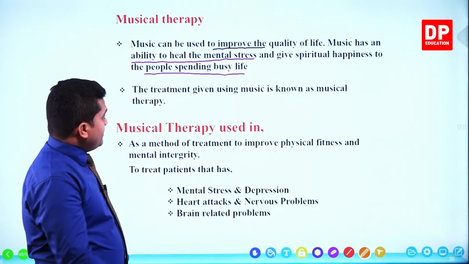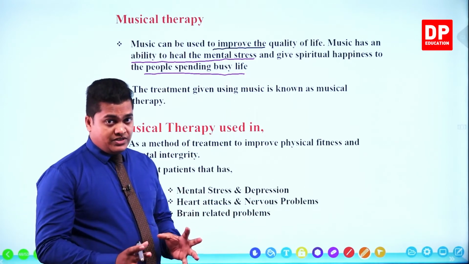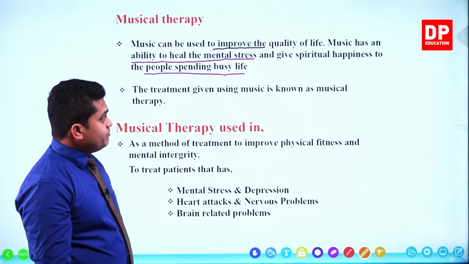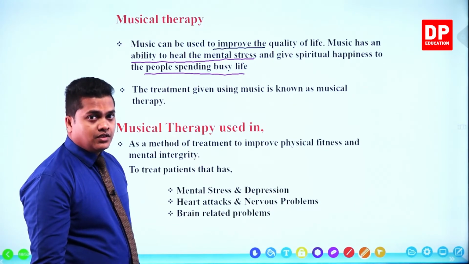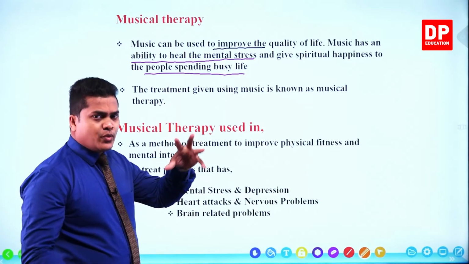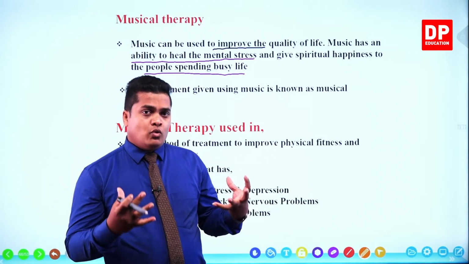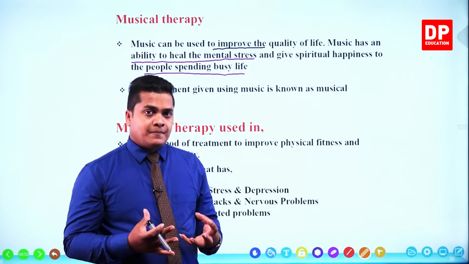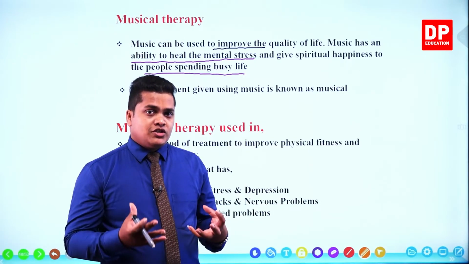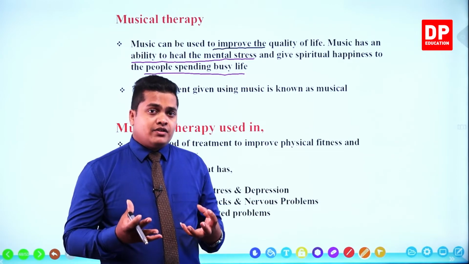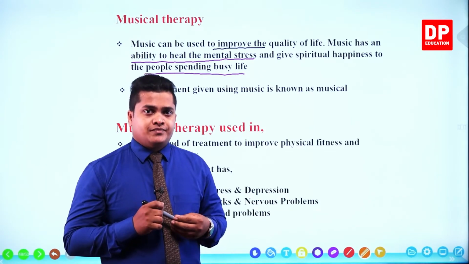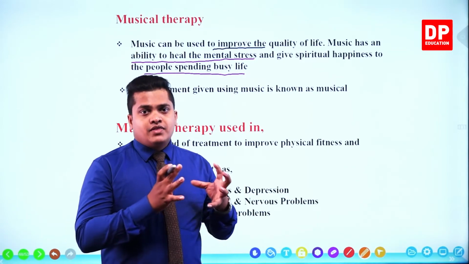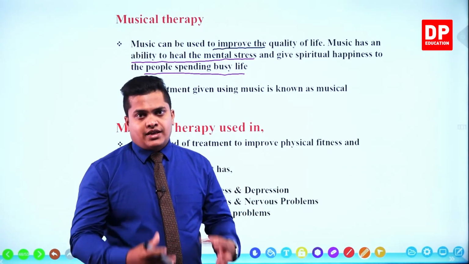So the treatment in here, when you take the musical therapy, the treatment is given using music. It's a treatment for the patients who are having mental stress, the patients who are suffering from mental diseases like depression. We can give the musical therapy or music therapy.